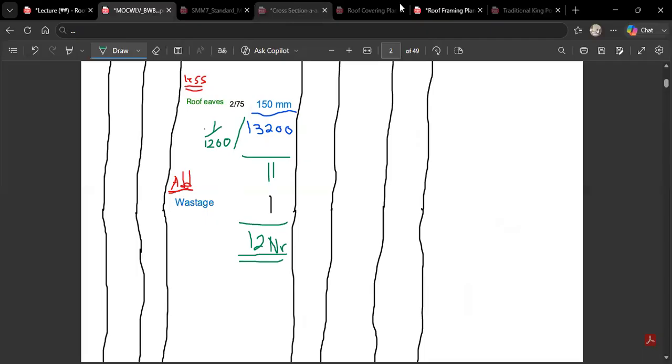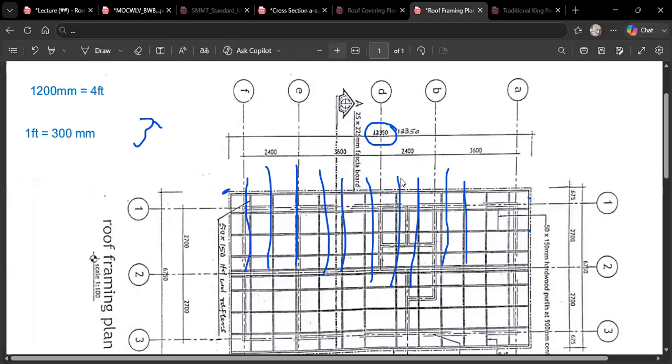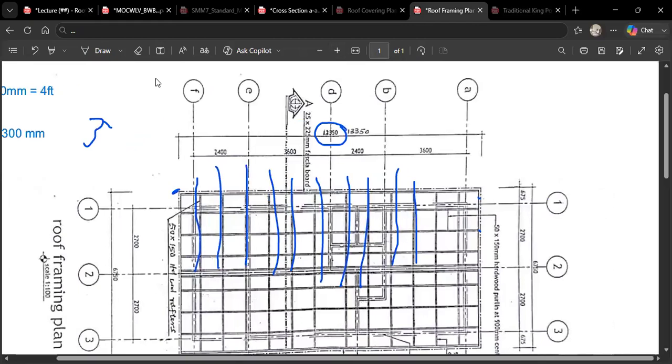So we go to the roof framing plan. I'm going to zoom this very well, and then we all take time to count it. Do you understand me? So we are all coming to take time to count this now.